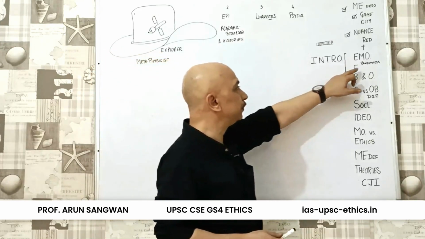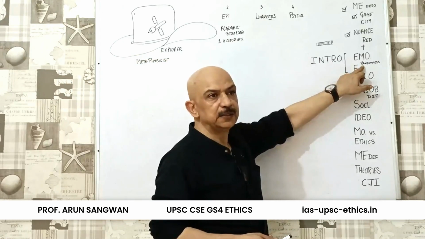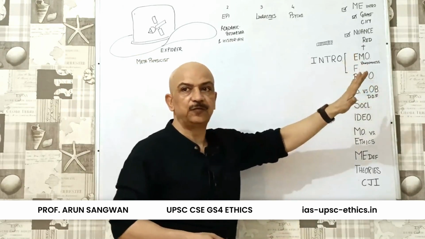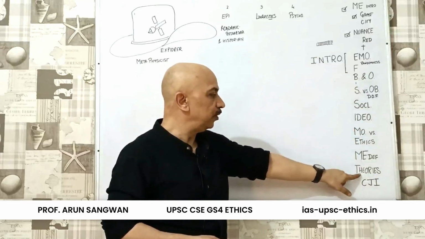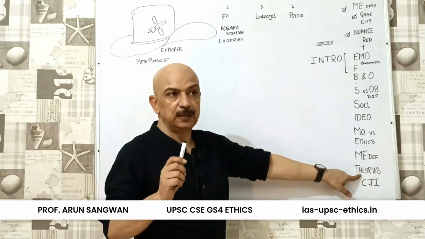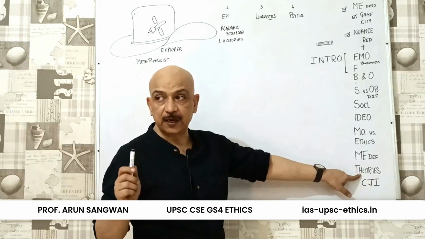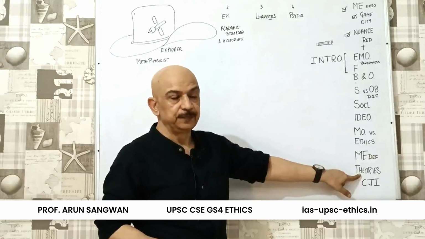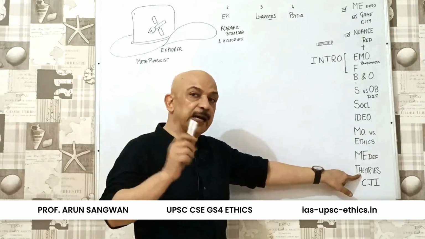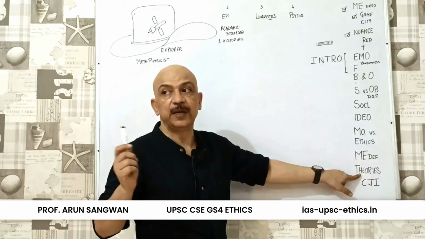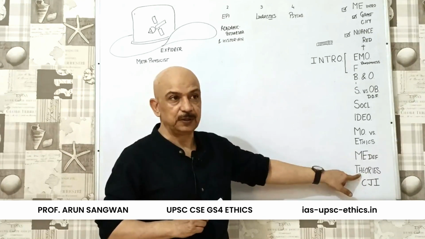So, we said randomness. Randomness of emotions you will find in one of the meta-ethical theories, which is called universal prescriptivism. That theory denies randomness of emotion.